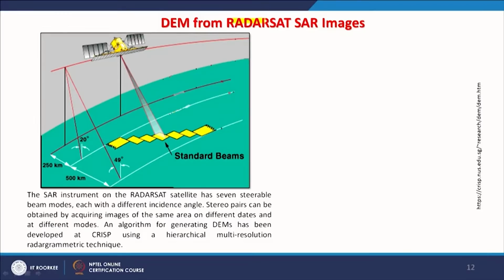Similarly, because RADARSAT was a regular satellite, it did not carry that shaft of 60 feet, so you have to wait for another orbit to acquire the data, the adjacent orbit, and sometimes the gap used to be 35 days.